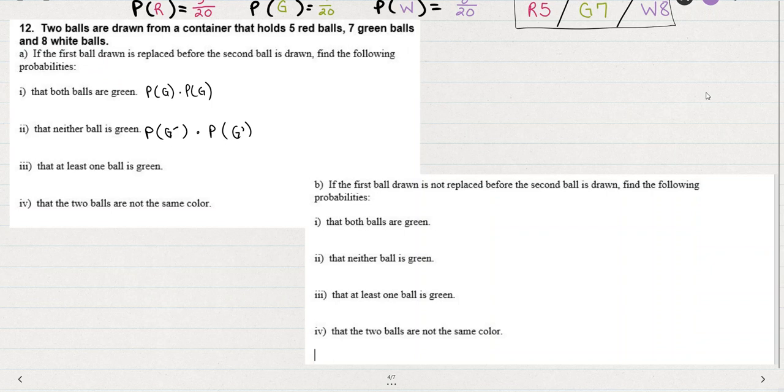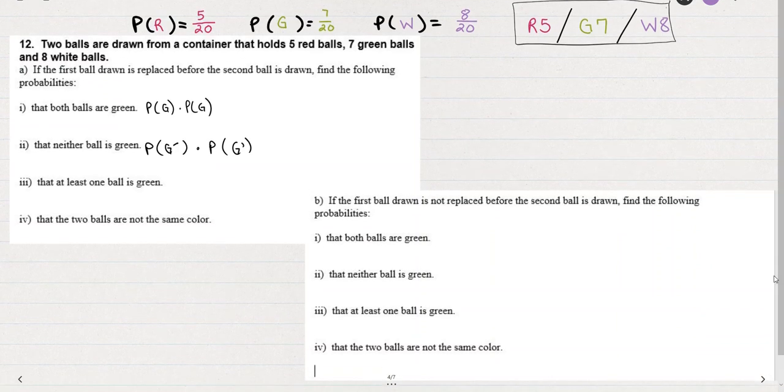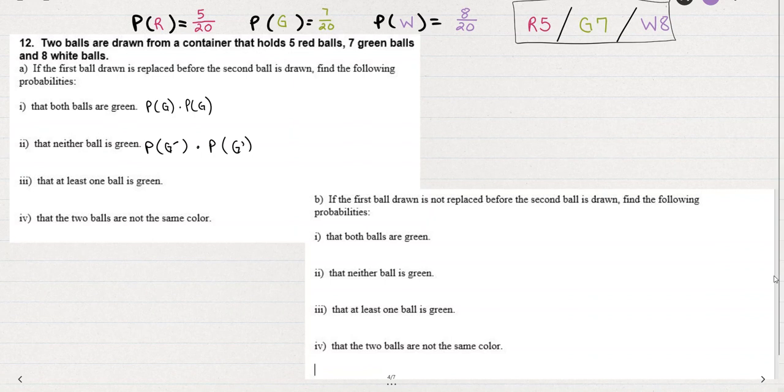Moving on to a problem that we'll describe as being with or without replacement. On this first example, number 12A, the ball is replaced, right? We pull out a ball and then we put it back.